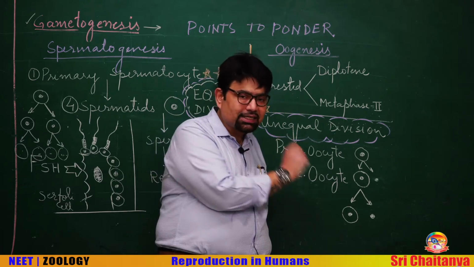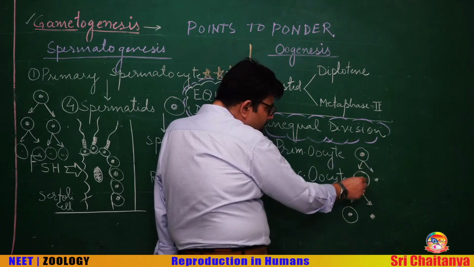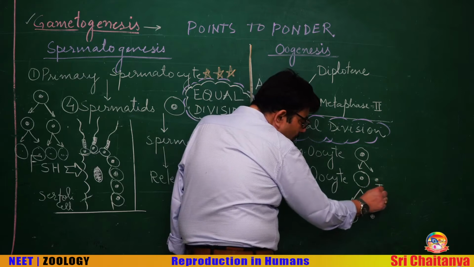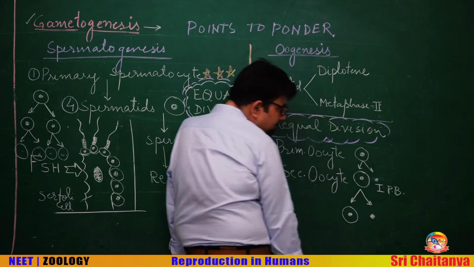It is not like that in oogenesis. One primary oocyte gives rise to one secondary oocyte and the first polar body.